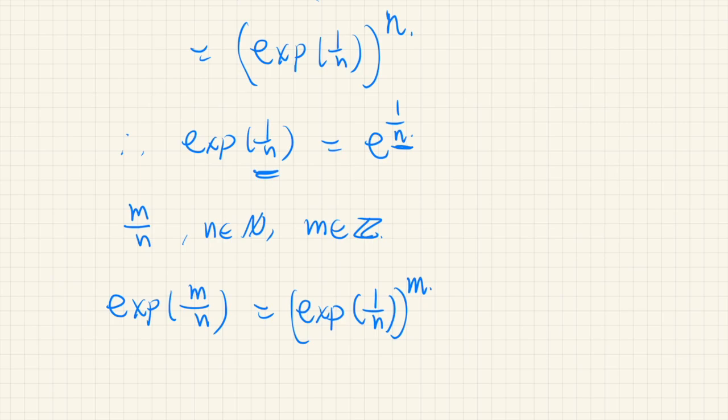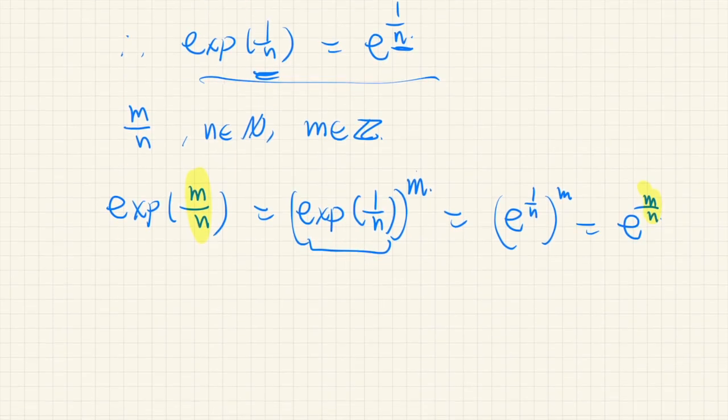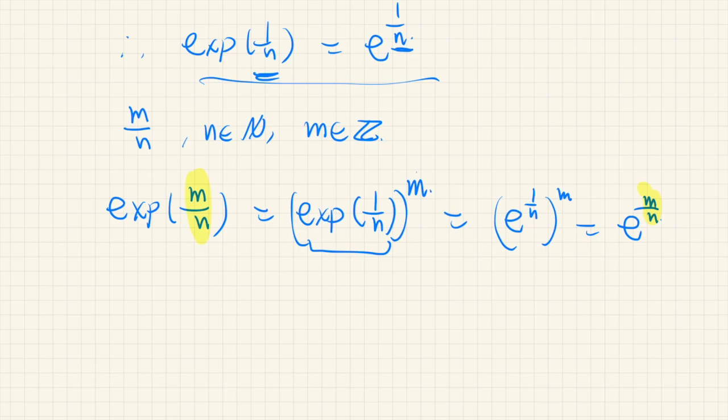As we have seen before, this m can be either positive or negative. We still have this equality. But from here, we know the inside is e to the power of 1 over n. So this is equal to e to the power of m over n. So we have m over n, m over n. That means this expression, exponential of q is equal to e to the power of q, holds for any rational number q.